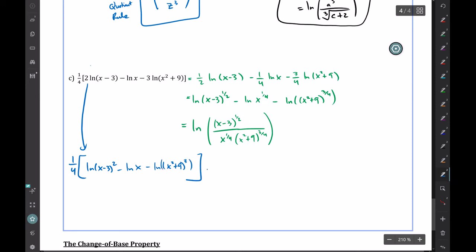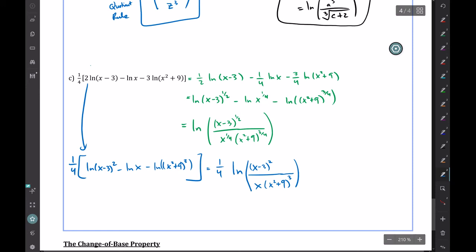And then you could leave that 1/4 there still and do ln of (x-3) squared divided by x times (x²+9) cubed.